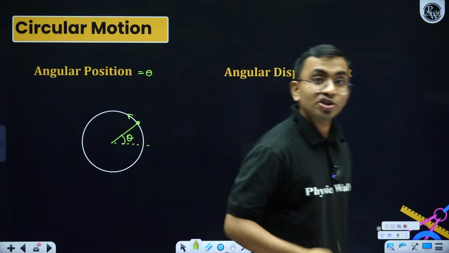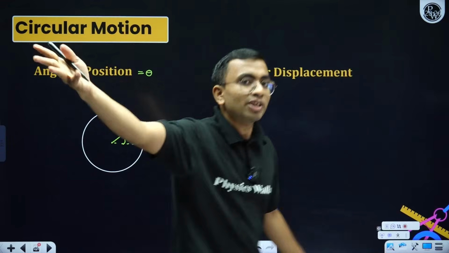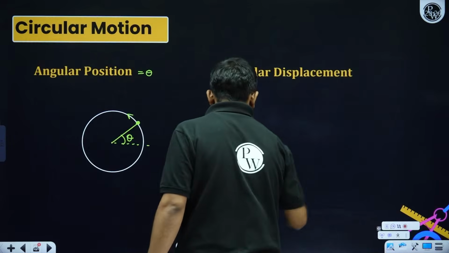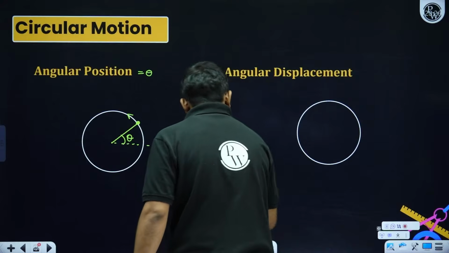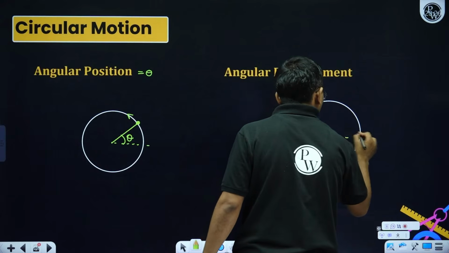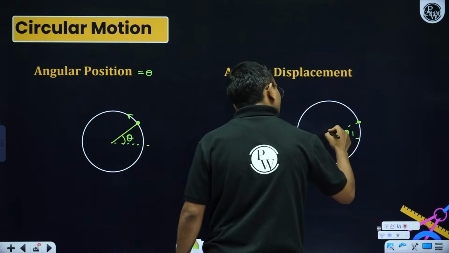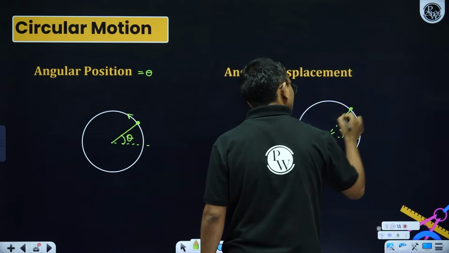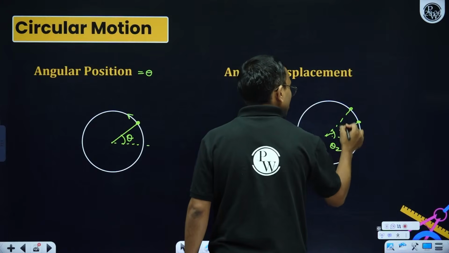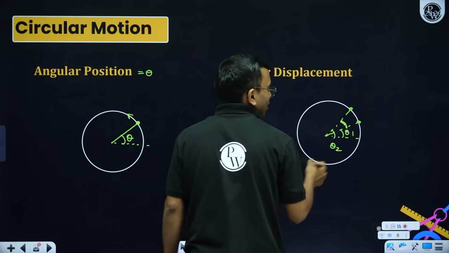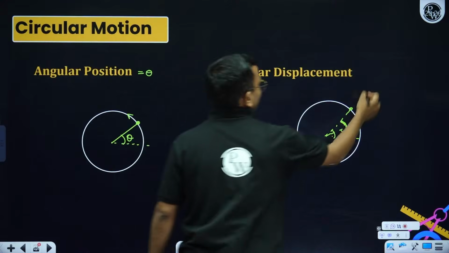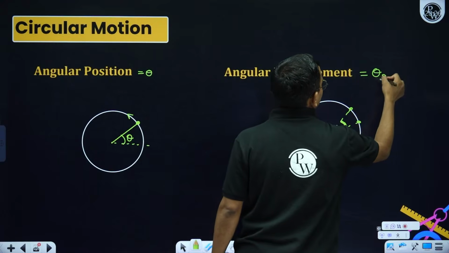Angular displacement will be the change in the angular position, because displacement is the change in position. Initially the particle was somewhere here at some angle theta 1, then it is somewhere here at some angle theta 2. The change in angular position is theta 2 minus theta 1, simple. So angular displacement is theta 2 minus theta 1.